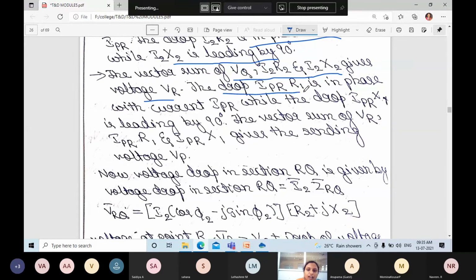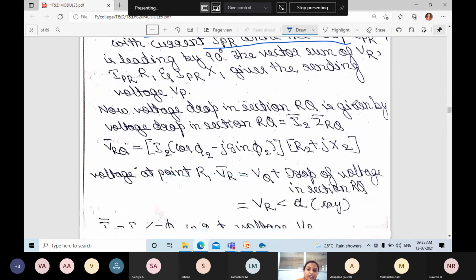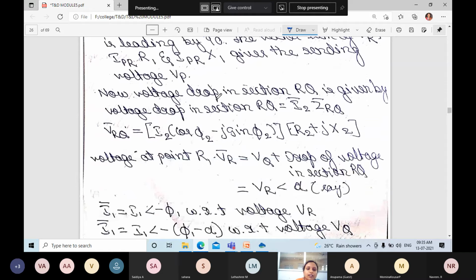The drop IPR R1 is in phase with the current IPR while the drop IPR X1 is leading by 90 degrees. The sum of VR, IPR R1, IPR X1 will give the sending end voltage. This is the same sequence we used in the power factor with respect to receiving end voltage. Here the voltage drop equation is different.